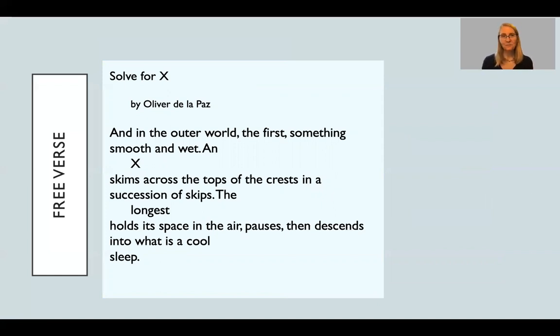So that's pretty cool. And in the outer world, the first something, smooth and wet, an X, skims across the tops of the crests in a succession of skips. The longest holds its space in the air, pauses, then descends into what is a cool sleep.